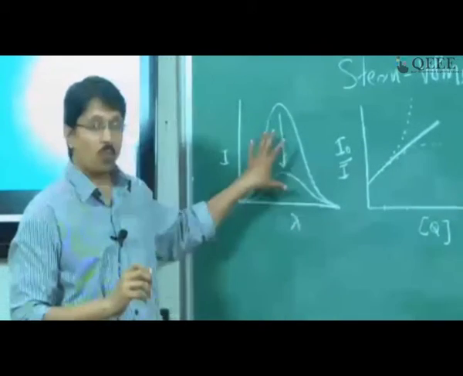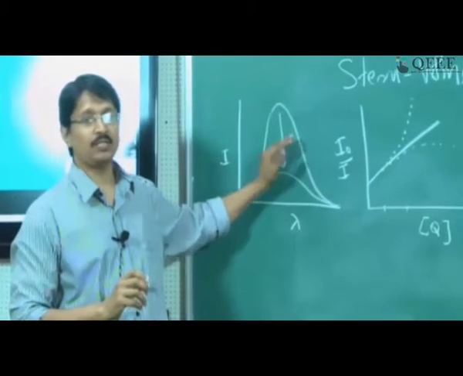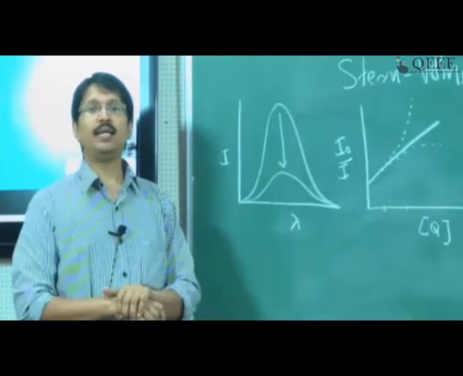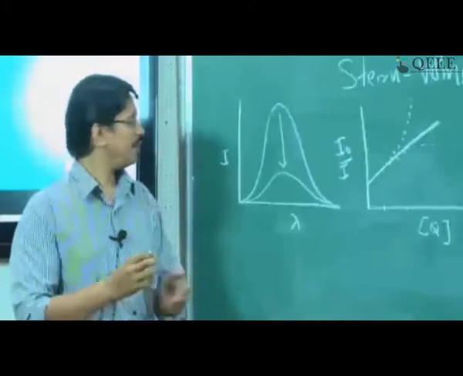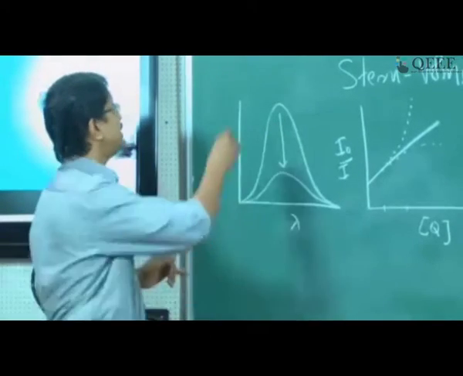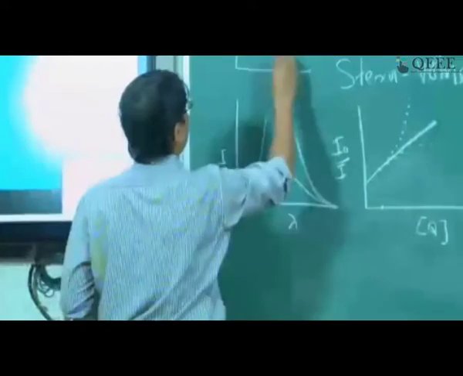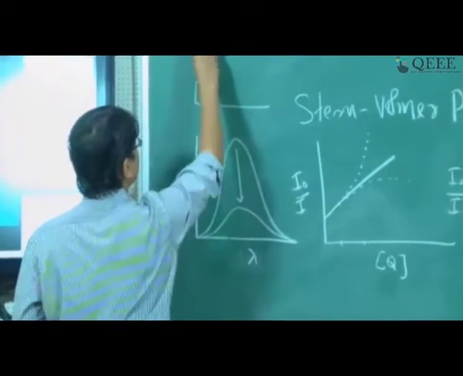Hope it is clear now. Quenching is a process in which the fluorescence intensity is decreased in presence of another substance. Intensity decreases, and sometimes lifetimes also decrease.